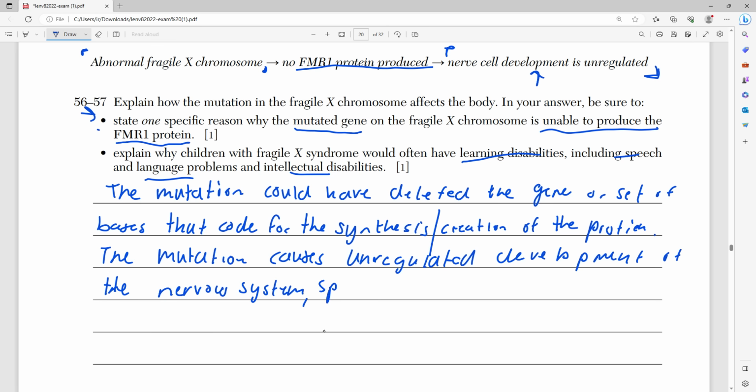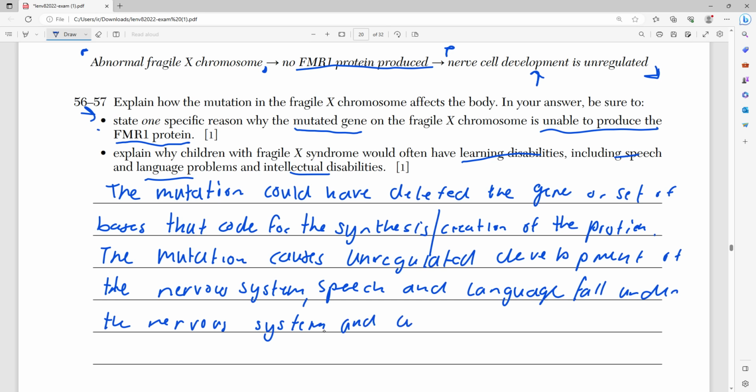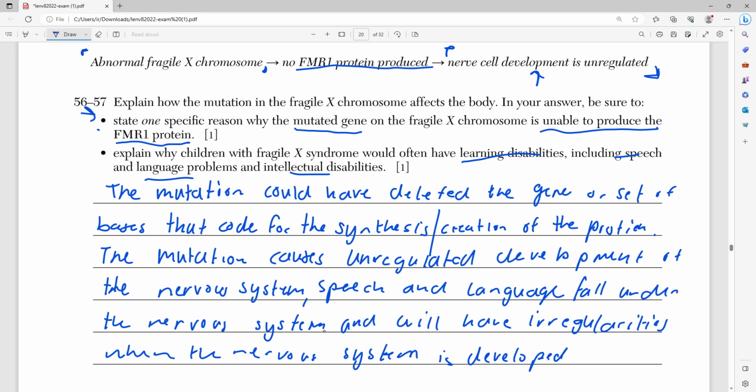Right? Speech and language fall under the nervous system and will have irregularities when the nervous system is developed irregularly, right?